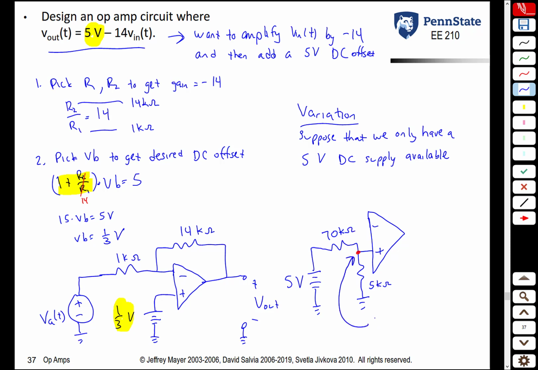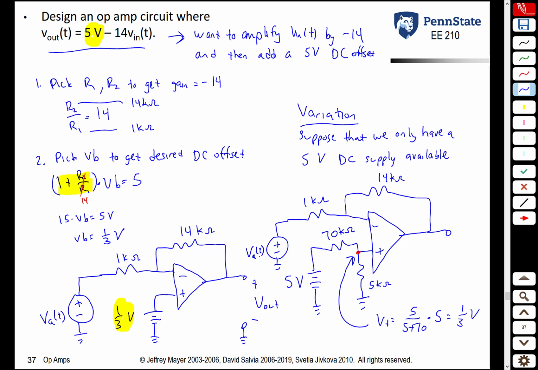So now the voltage there, V plus, is what? 5 over 5 plus 70 times 5, or 1/3 of a volt. And of course, the rest of the circuit is the same. We have our 14 kiloohm, our 1 kiloohm, and our input signal here.